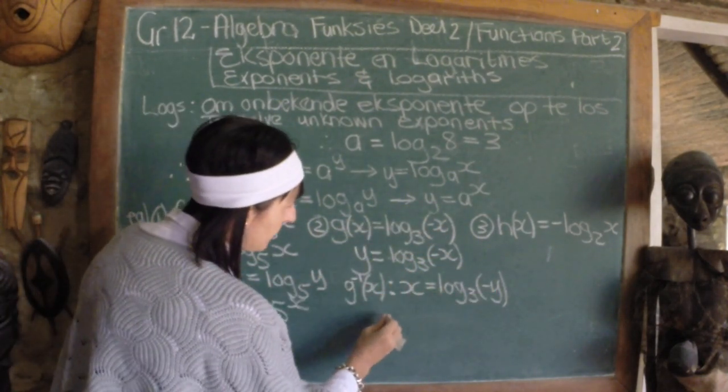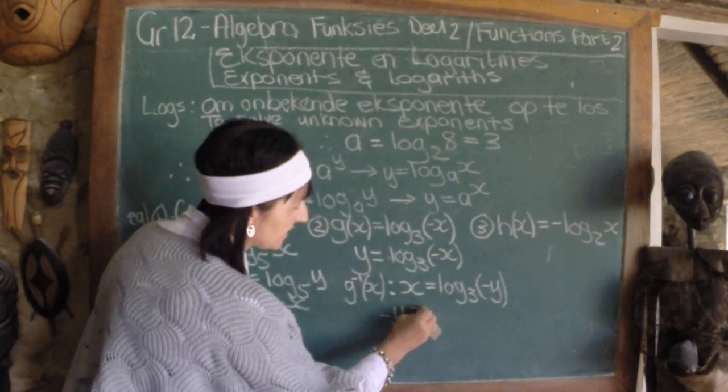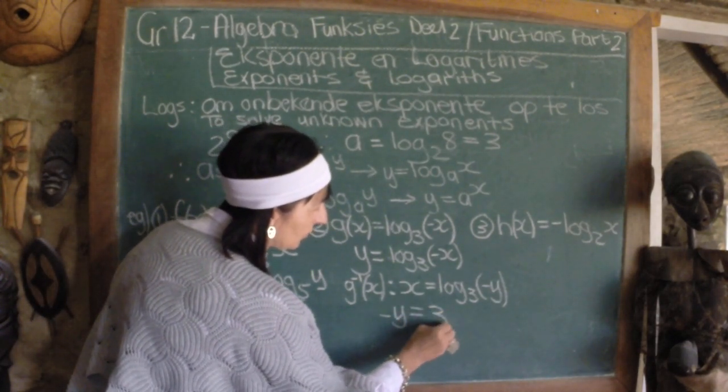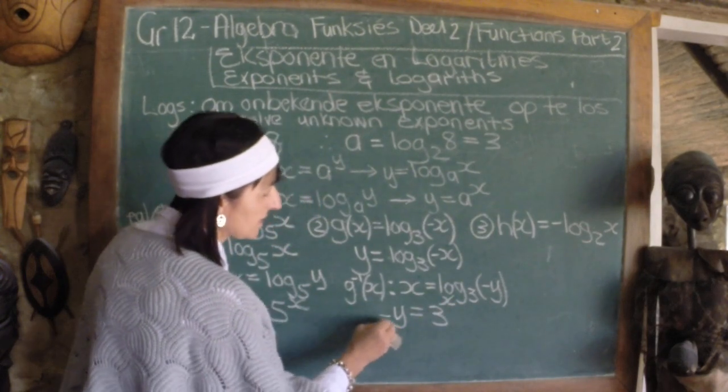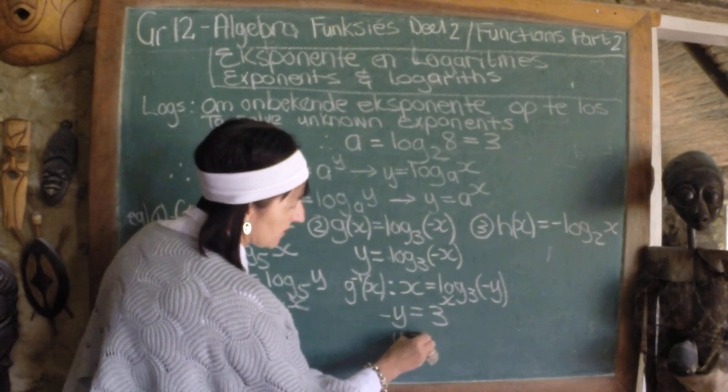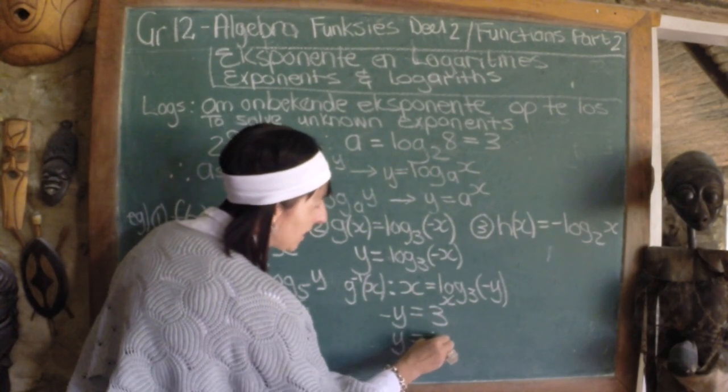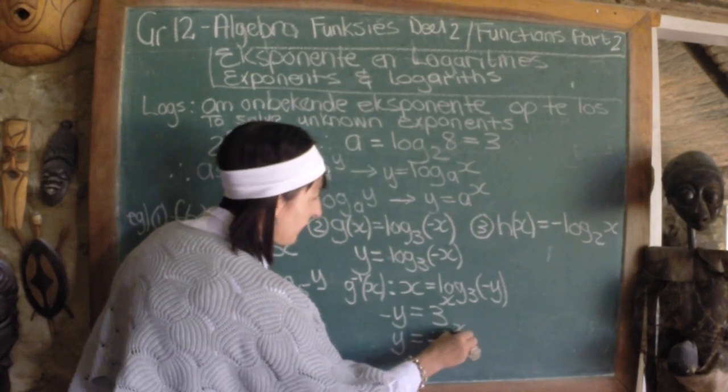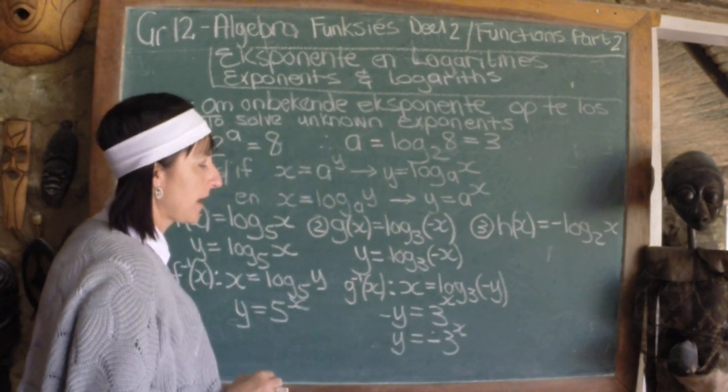So I have minus y is equal to 3 to the power of x. I don't want it as minus y, but I want it as y, and that's minus 3 to the power of x, the inverse function of gx.